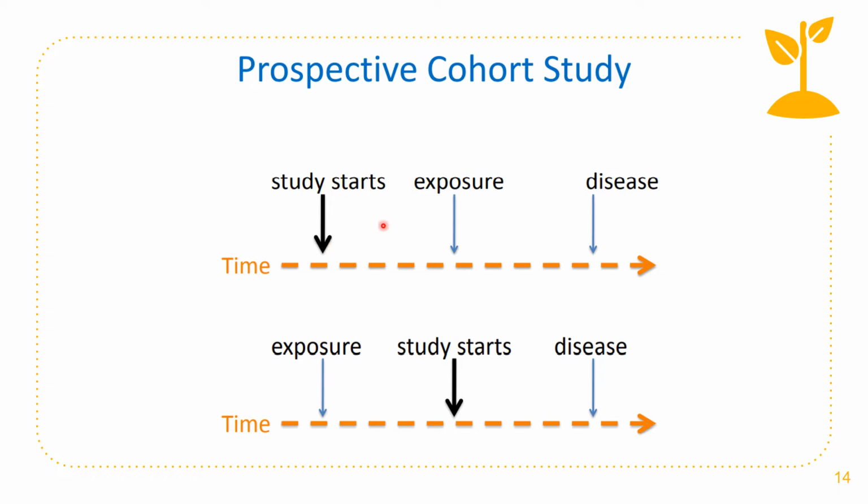Study starts and exposure, then disease will be there. At the same time, exposure, study starts, disease. Both are prospective only. I am repeating again. Study starts, exposures happen, then disease. Or exposed already, then we start the study, then it definitely will lead to disease. So both these types are prospective cohort only.